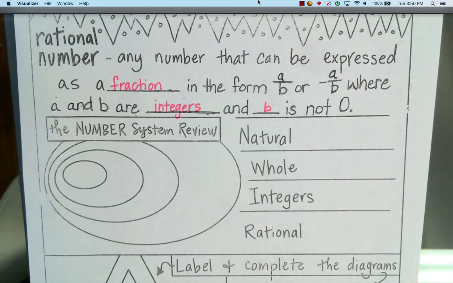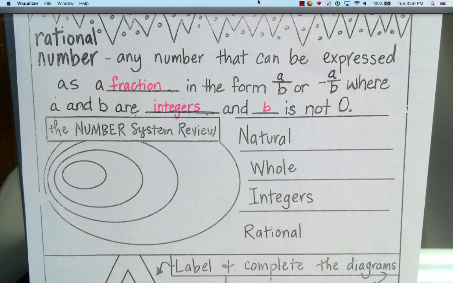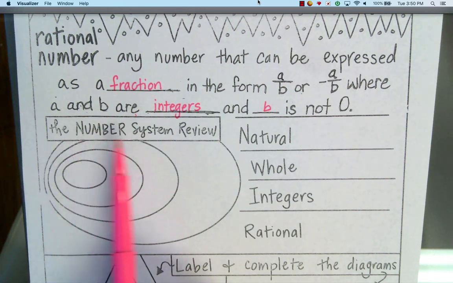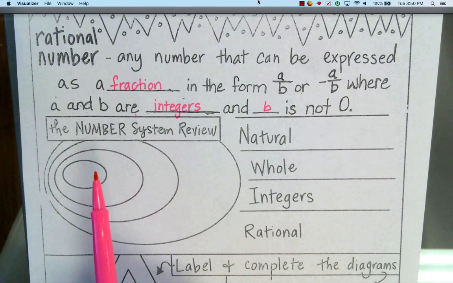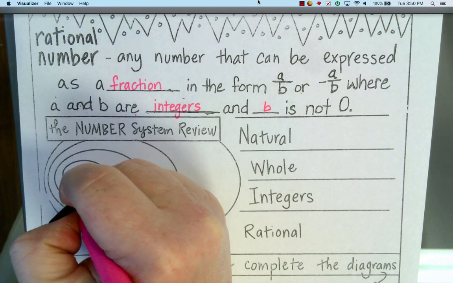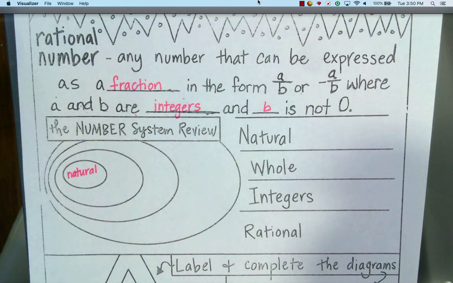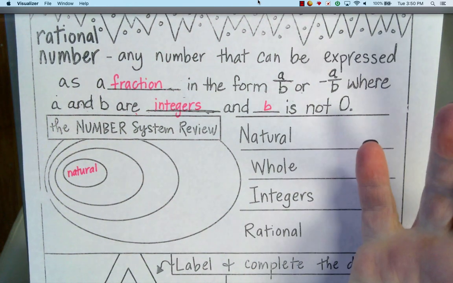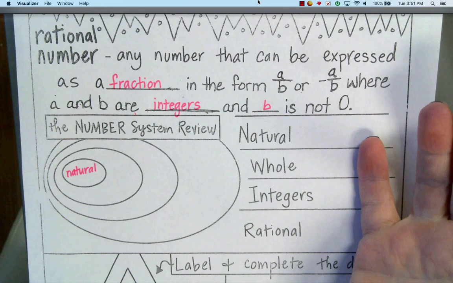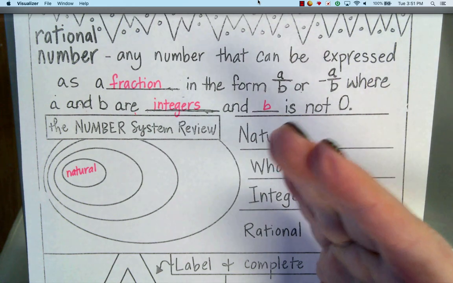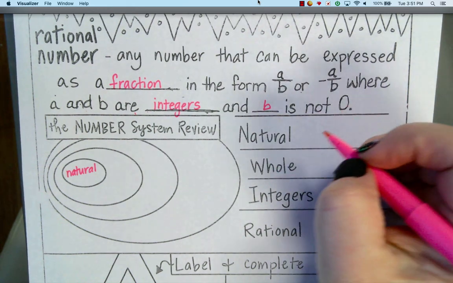But going on, natural numbers. So we're going to break this down. So we have our number system, okay? Our natural numbers are in the middle. Natural numbers are naturally occurring, meaning the positive 1 and on.